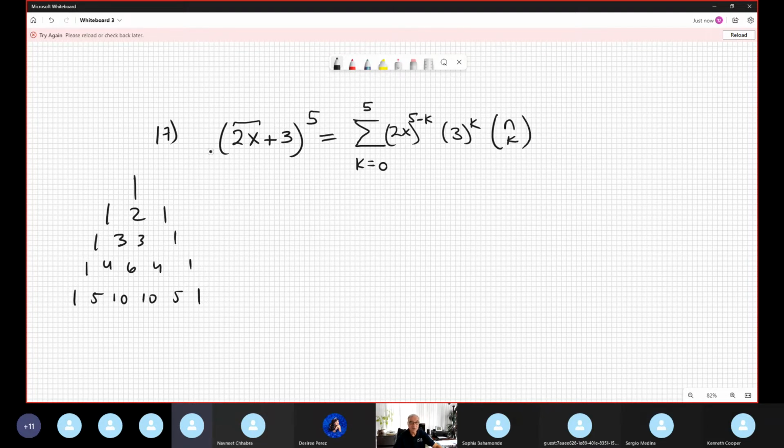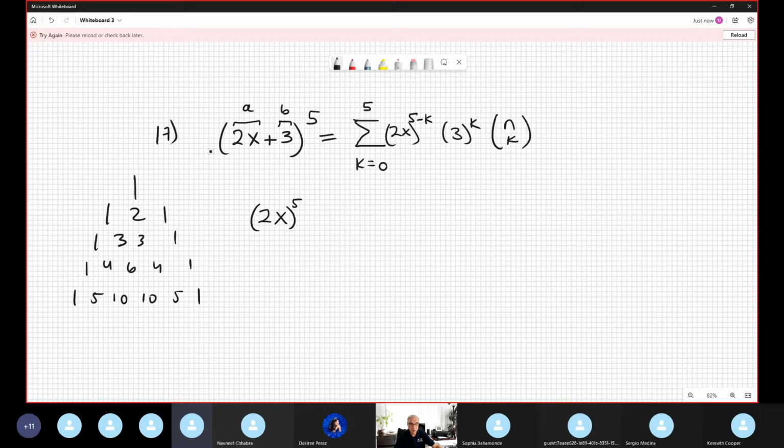The coefficient for this part, the first coefficient, is 1. Okay, cool. And we have 2x to the fifth power, after we manipulate a little bit. And no b. This is a, and this is b.